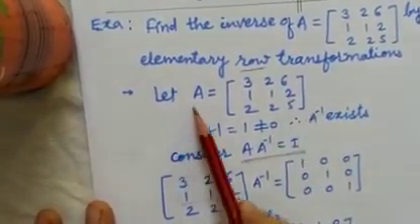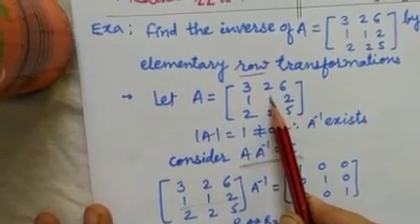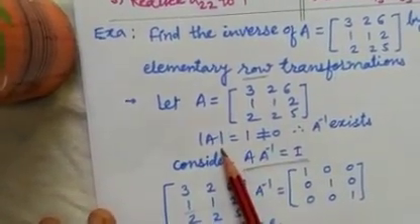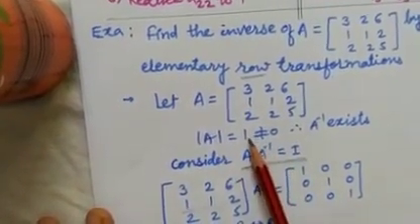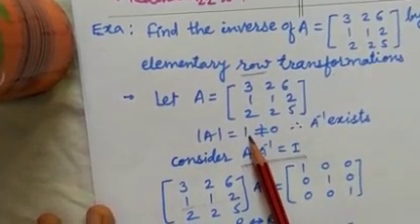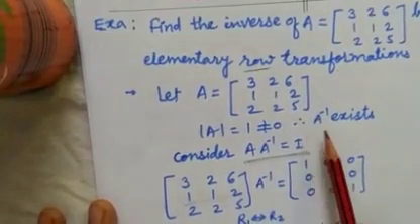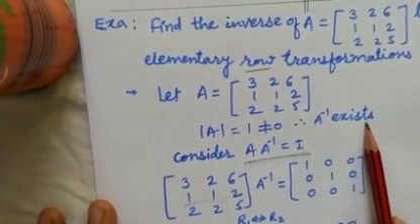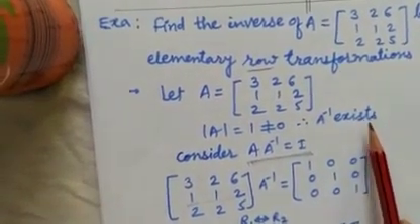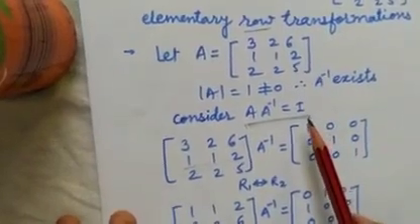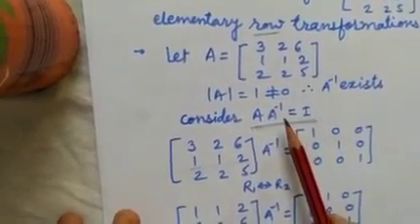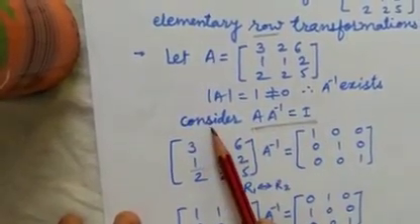For this, let us consider the given matrix to be A. Find its determinant value. After simplification, you will get the value of the determinant as 1, which is not equal to 0. Therefore, A inverse exists.